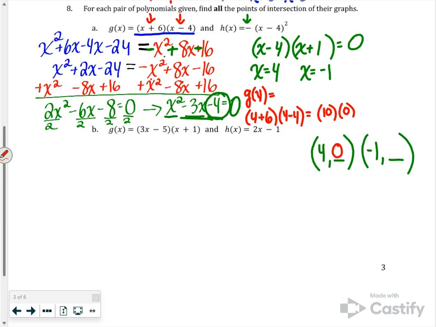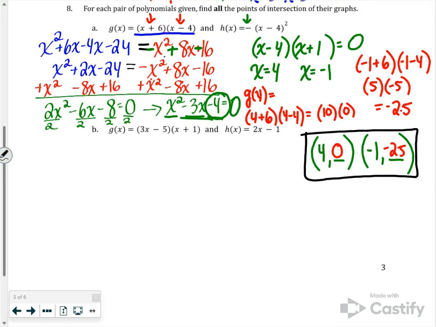The other function we can plug in, we get -1 plus 6, and we get -1 minus 4. So we have a +5 and a -5, and I'm getting -25 as the crossing. So those two crossings are 4 comma 0 and -1 comma -5. We can check Desmos in a little bit to go over that.